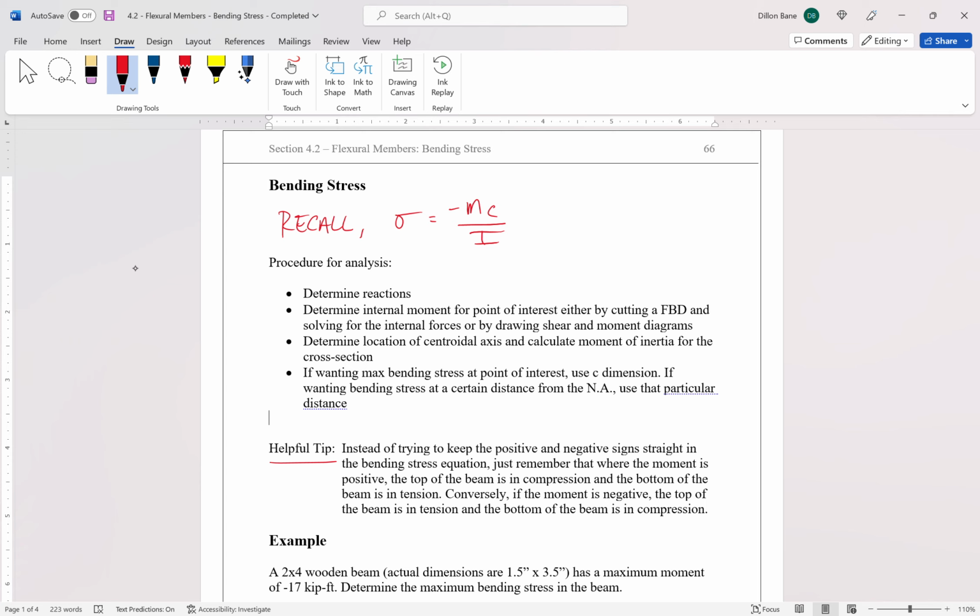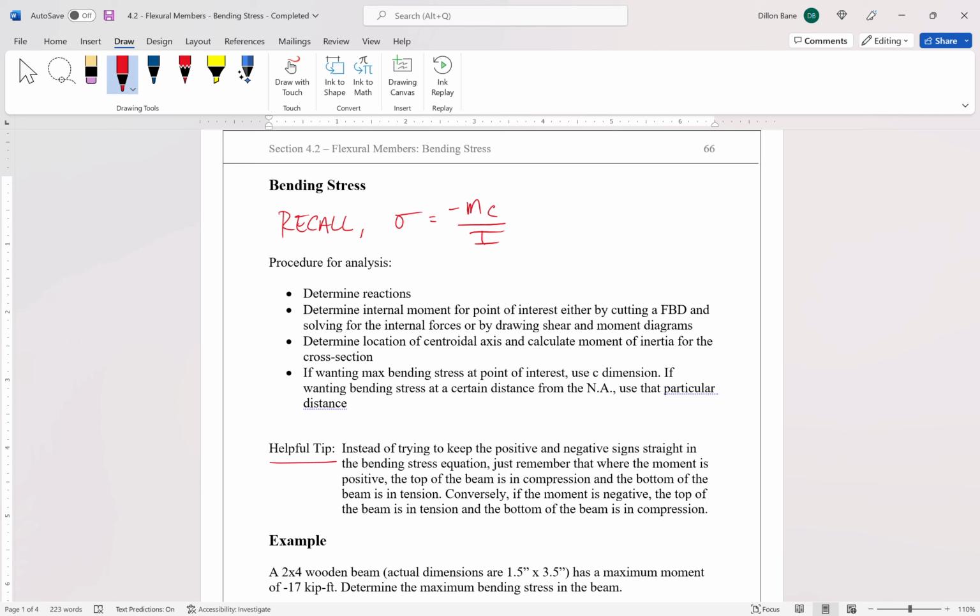C, the distance from the neutral axis, can also be positive or negative. We assume if it's above the neutral axis that it's positive, and if it's below the neutral axis that it's negative. That was in the derivation of the equation sigma equals MC over I. So basically the point I'm trying to make is we've got a negative sign, and we've got two other variables that could also be negative.